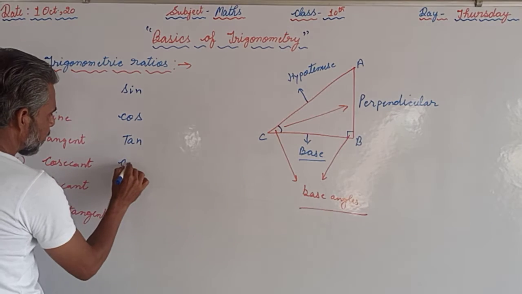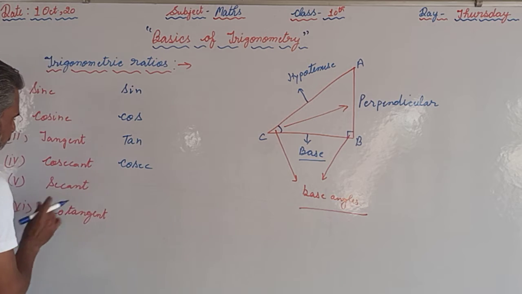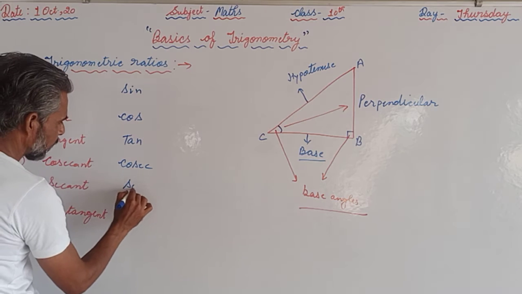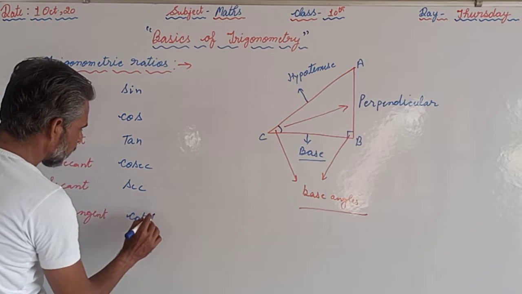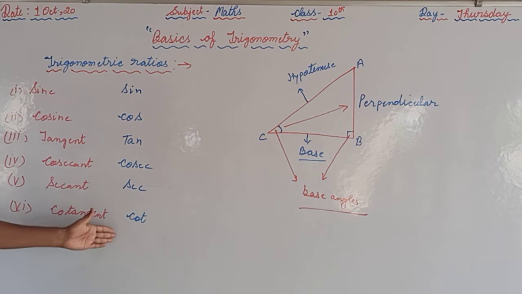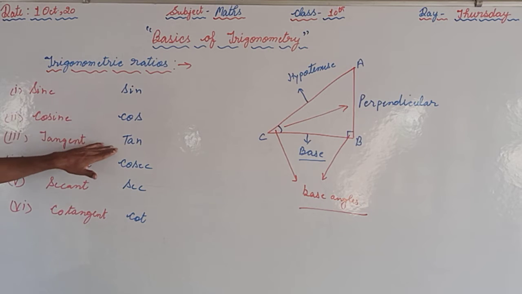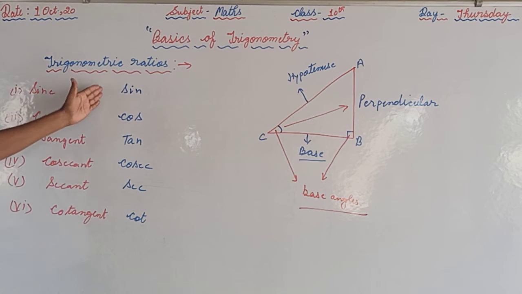Cosecant we write cosec. Secant we write sec, and cotangent we write cot. These names we are supposed to use frequently during this chapter. And these are the full forms of these abbreviations.